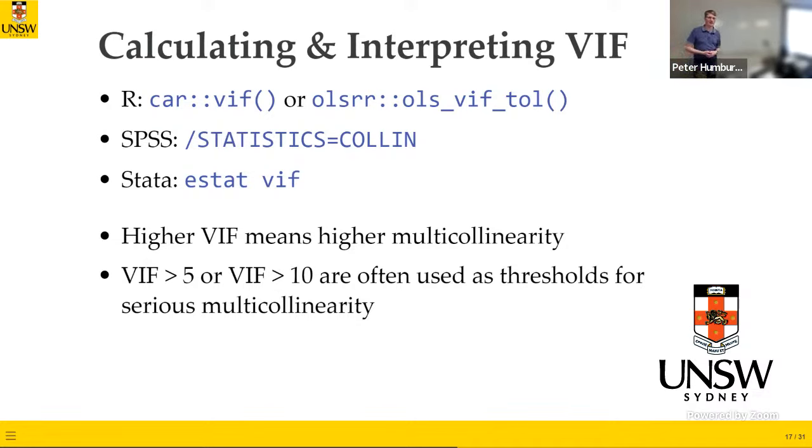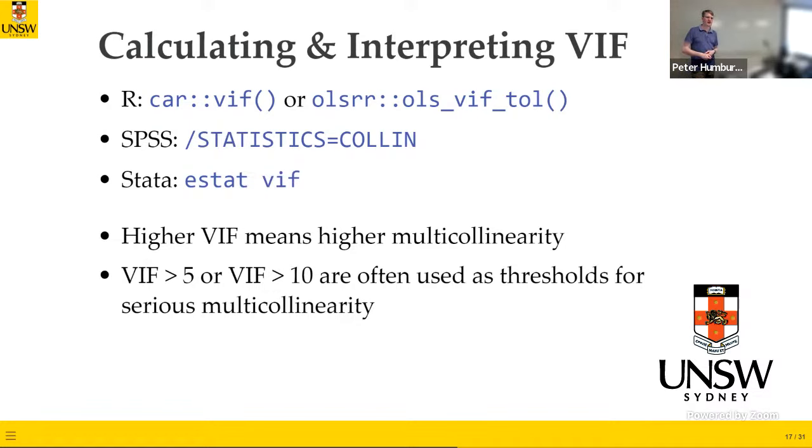As always with these rules of thumb, you should be careful. It's not like if your variance inflation factor is 5, everything is horrible, and if it's 4.9, everything is great, right? But look at these as an indication of how bad the situation is, how urgently you need to deal with it, and how careful you need to be in interpreting your coefficients.